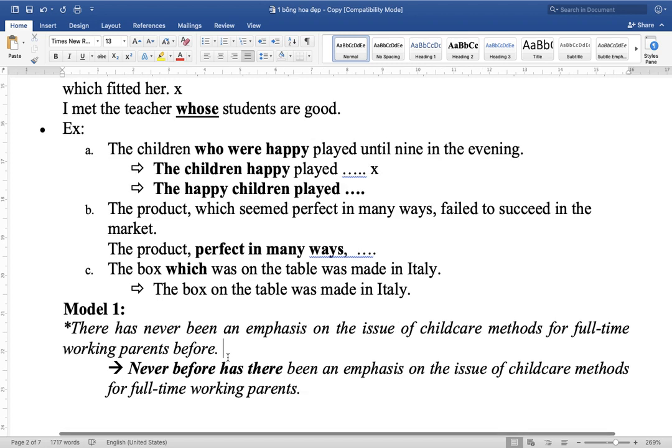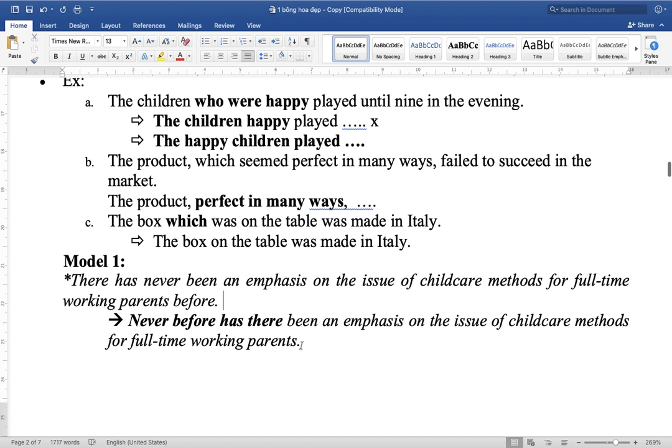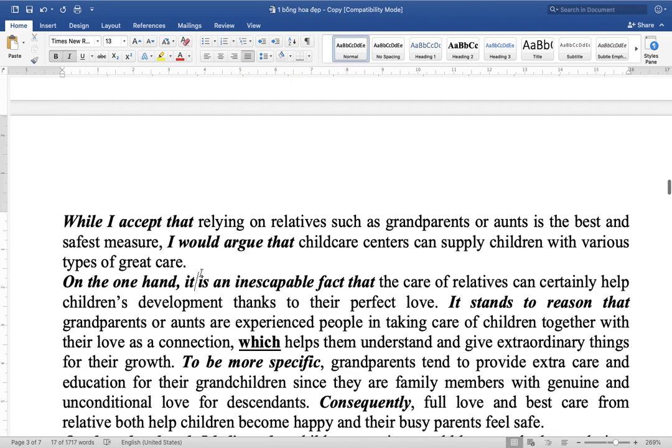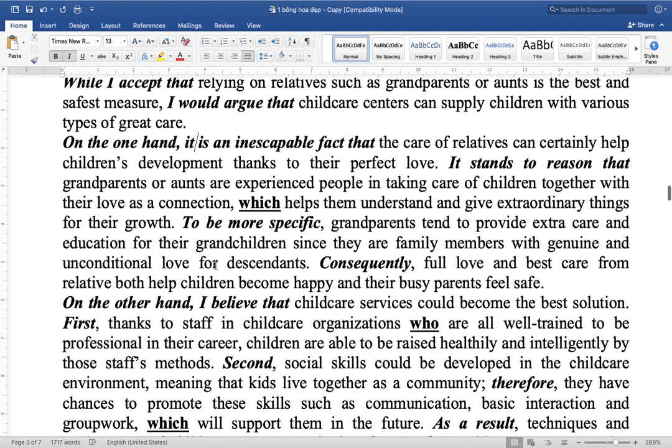Now we just recognize the positions of relative clauses used in the essay. So this is the inversion that I did teach you about. Alright. So we can see which helps them. After writing an idea, a supporting idea, you use which helps them to explain more about this. So which replaces the whole sentence before that.